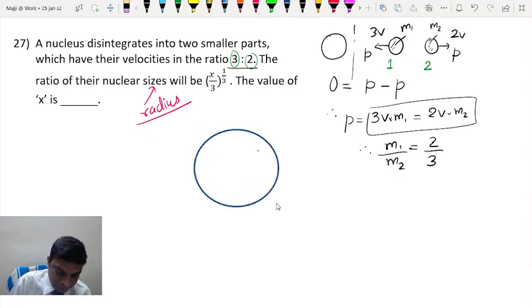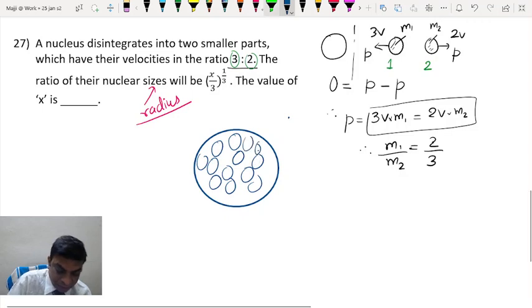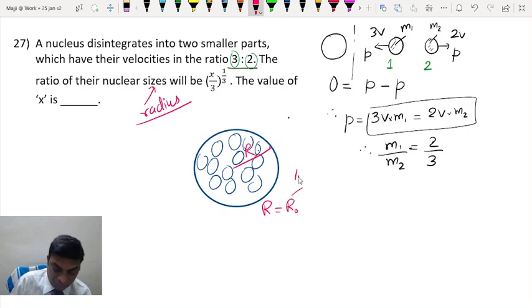Assuming a nucleus to be a sphere with nucleons inside it, we can write the radius as equal to an empirical constant, which is around 1.3 or 1.4 into 10 to the power minus 15 meter, anything is okay, into the cube root of mass number.